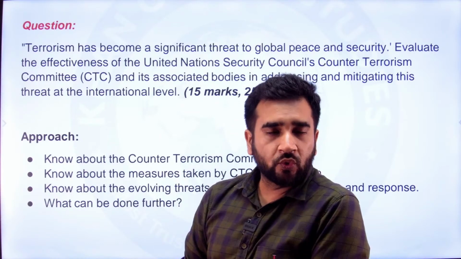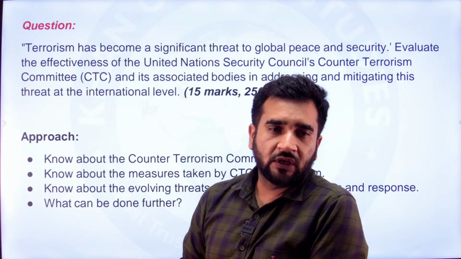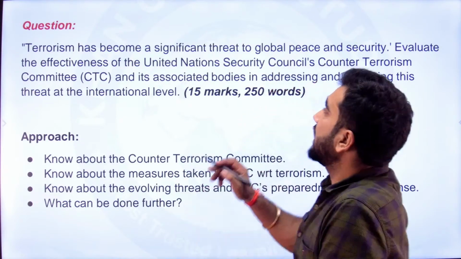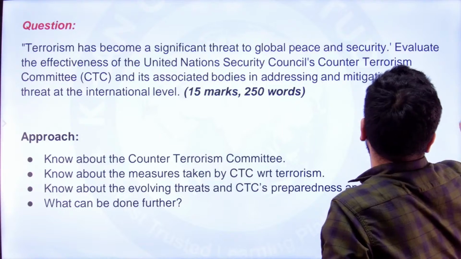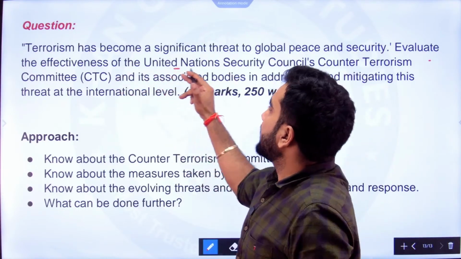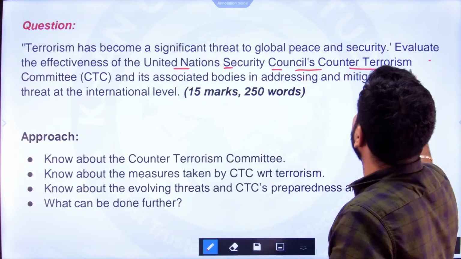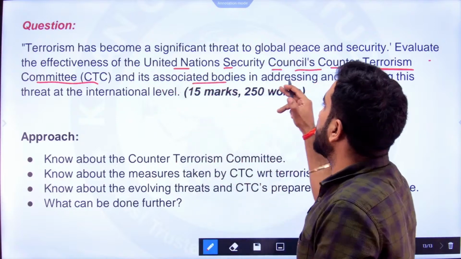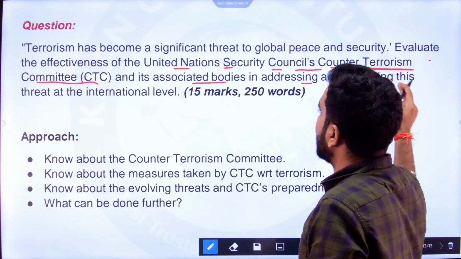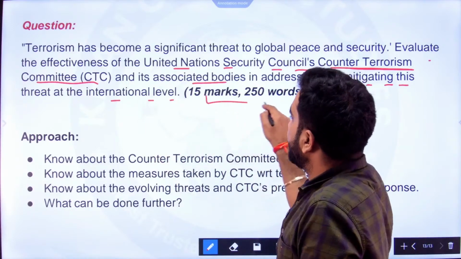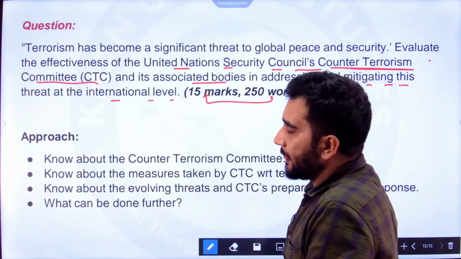Now, coming to the third question: terrorism has become a significant threat to global peace and security. Evaluate the effectiveness of the United Nations Security Council's Counter-Terrorism Committee (CTC) and its associated bodies in addressing and mitigating this threat at the international level. Now, this question is of 15 marks, 250 words.